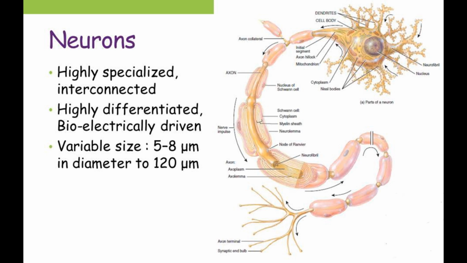They have a speciality in the fact that they are bioelectrically driven, and the size of the neurons is variable, ranging from 5 to 8 microns in diameter to 120 microns in diameter. As you can see in the figure, the neurons are divided into two major sections, the cell body and the axons.